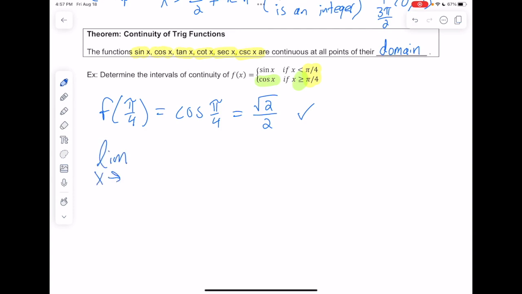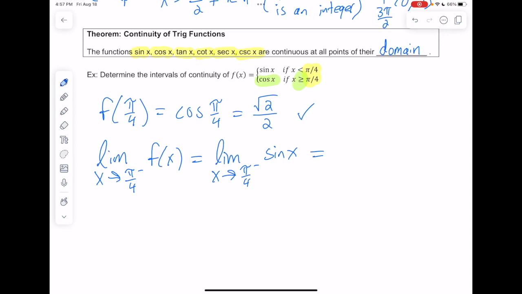So let's look at the limit as x approaches pi over 4 from the left. From the left means x is less than pi over 4, so we'd be looking at the branch where x is less than pi over 4, which is the sine branch. And because sine is continuous, you can always evaluate the limit of any continuous function by just plugging in.